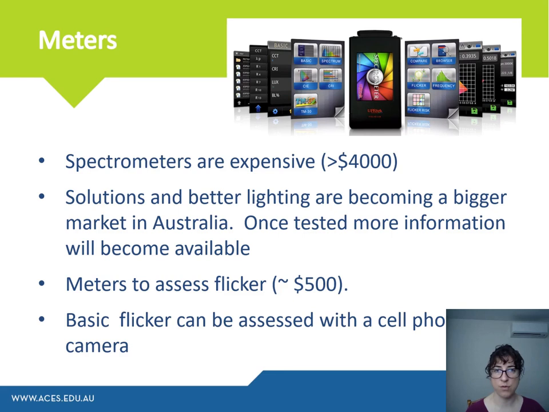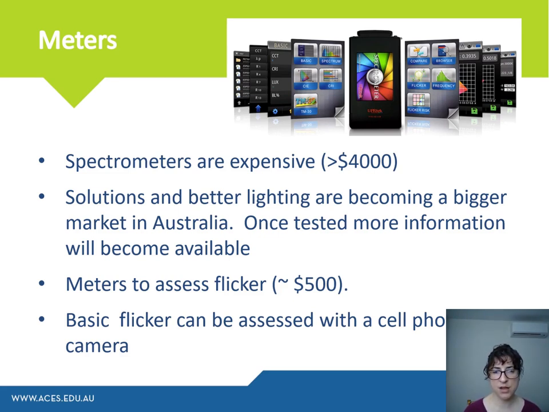You need 240 volts for Australia, which is why we don't have as much available here, and there's more available there. So once people start testing them in Australia, then that information will become available. So you might not need one of these as well. You can get that information from people that do test them.